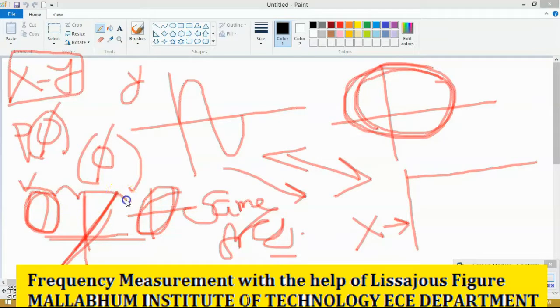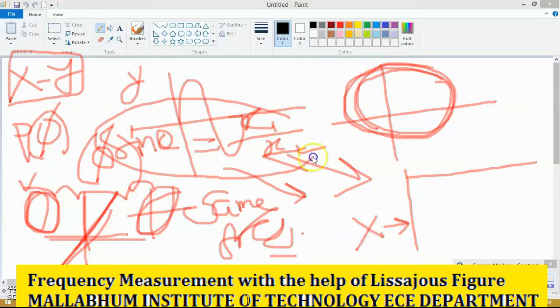By seeing this figure, and with the help of the formula x1 divided by x2 or y1 divided by y2, the phase difference between them is calculated. Now in today's lecture we will discuss how an unknown frequency can be measured with the help of the Lissajous figure.